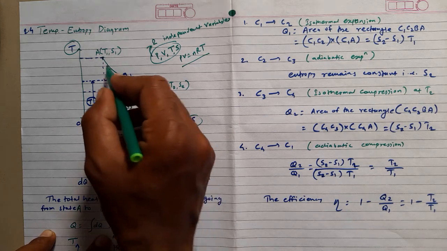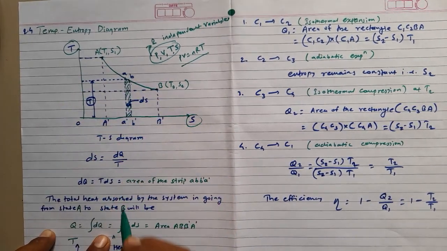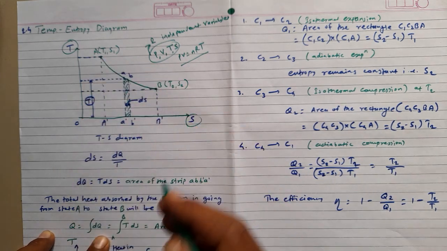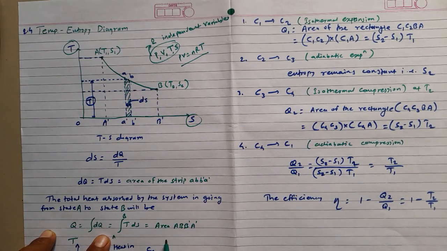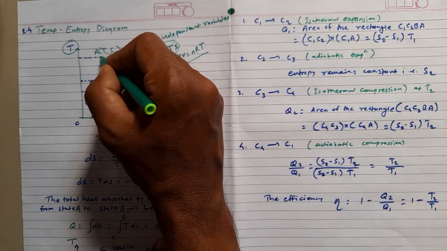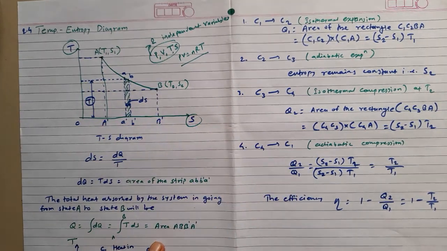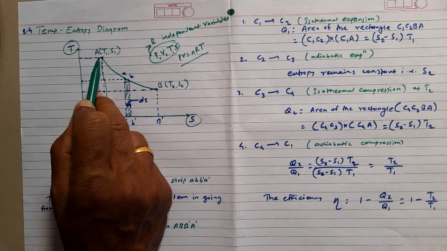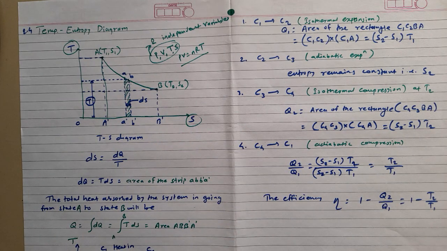This is the whole area under the curve AB, that is the area of A B B' A'. This whole area is the amount of heat absorbed by the system when it goes from state A to state B.